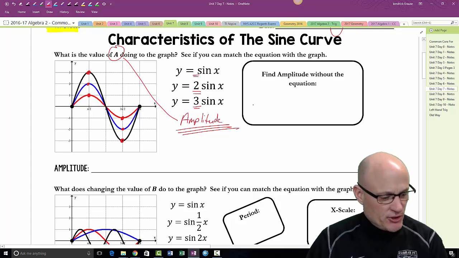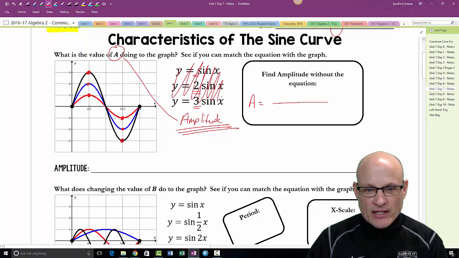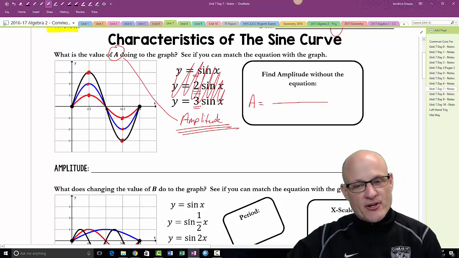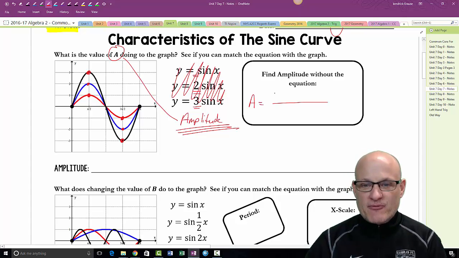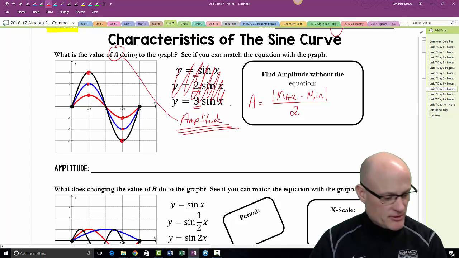So amplitude A is really defined, if you don't have these equations and you can't just readily see it, and the graph's off in no man's land, amplitude can be found by doing max minus min over 2. That's amplitude.